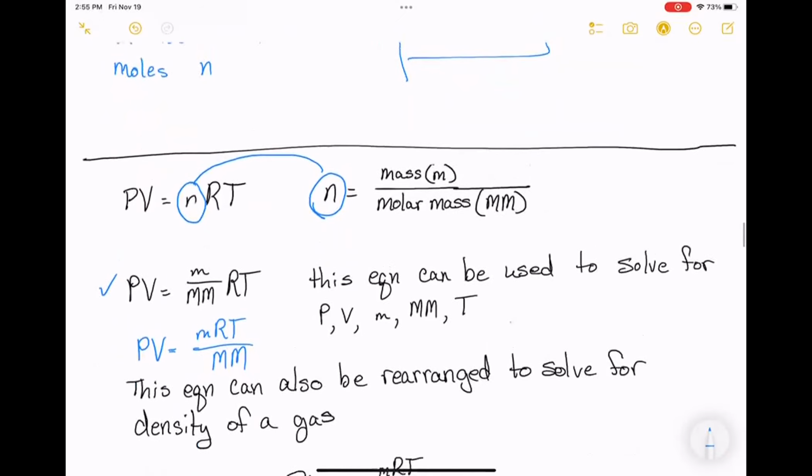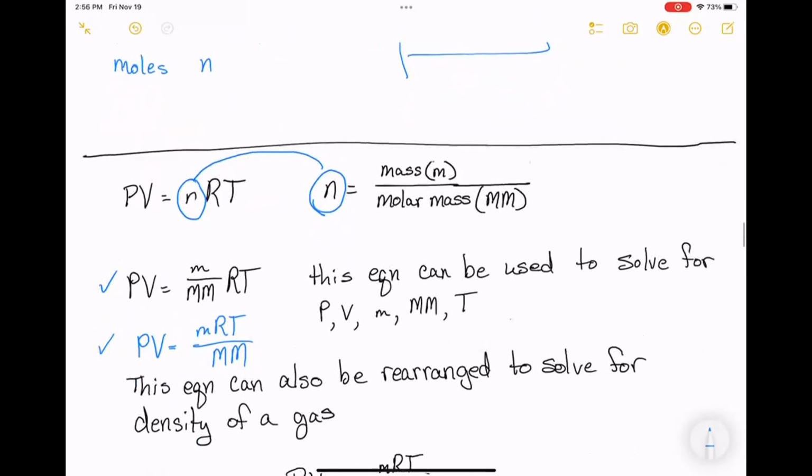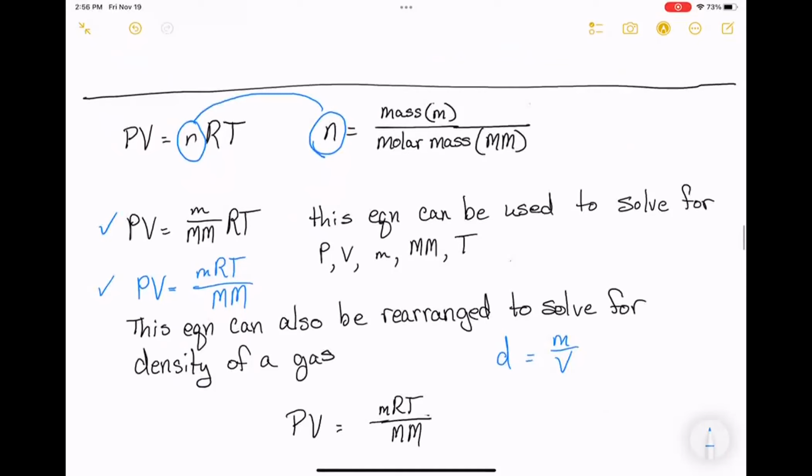But we can even go further than that, because we can take this equation and rearrange it to solve for the density. If you'll recall, density is mass over volume. So taking this equation, we can start by multiplying both sides through by our molar mass.